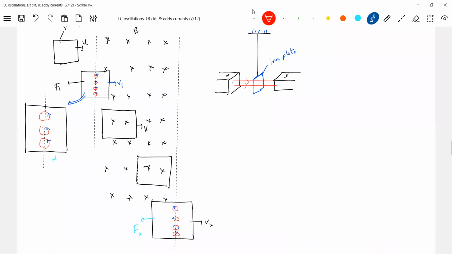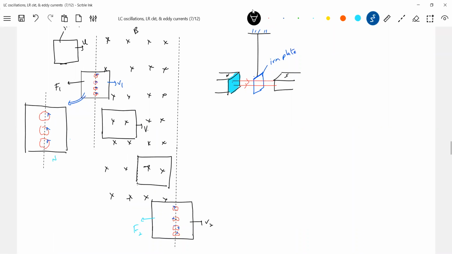The plane of the loop will be parallel to the plane of the bar magnet, to this side of the bar magnet. Is it okay? This one. So I'll displace it, and it will oscillate with its plane perpendicular to the magnetic field.